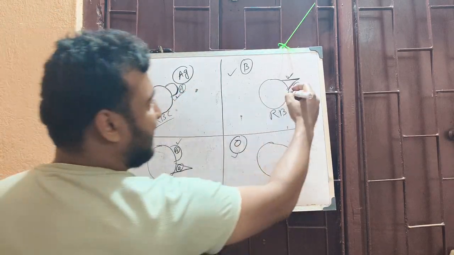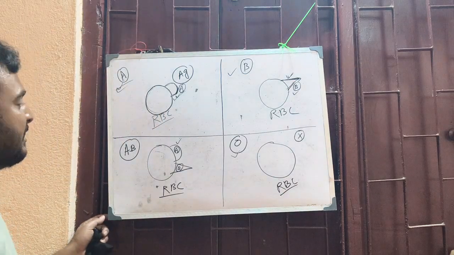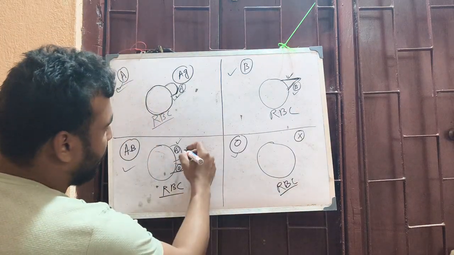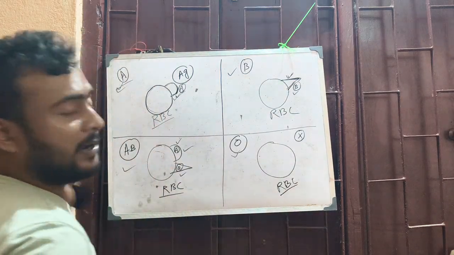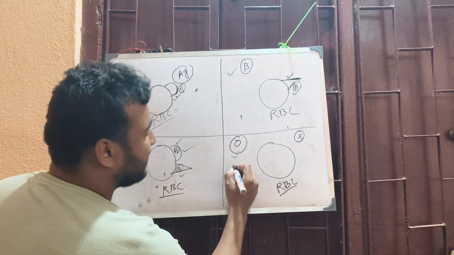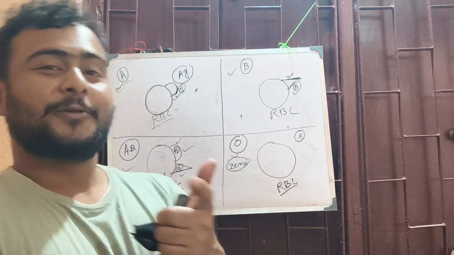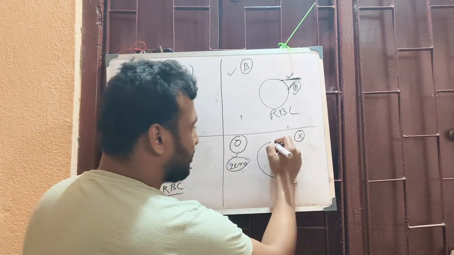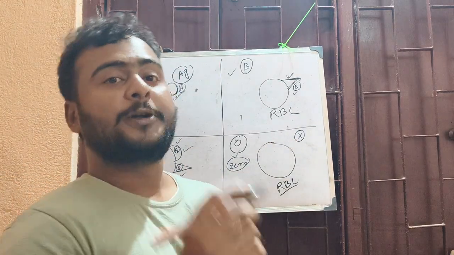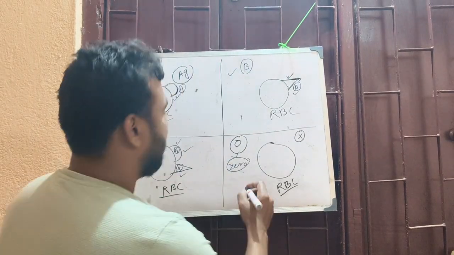In the case of B, I have drawn this kind of size and shape of antigen. In the case of AB, I have drawn it like this. In the case of O, you consider 0. O means 0, similar to the 0, right? So on the surface of the RBC, we don't have any kind of antigen.